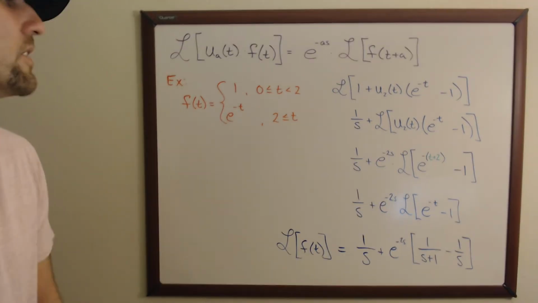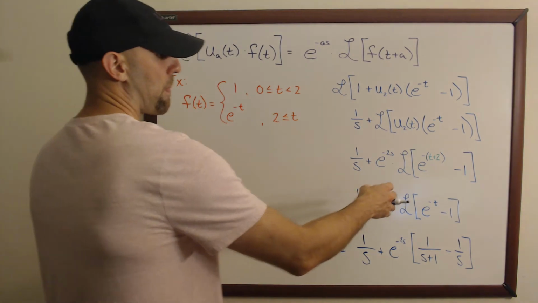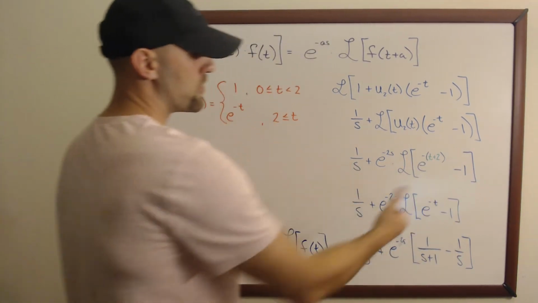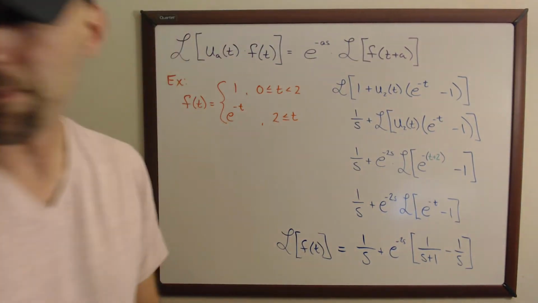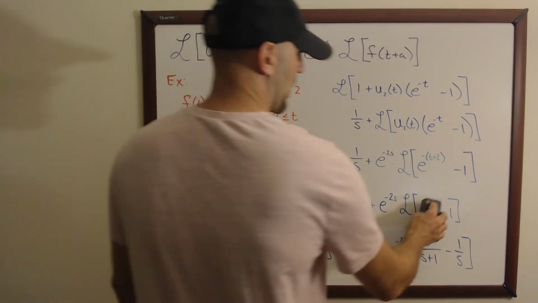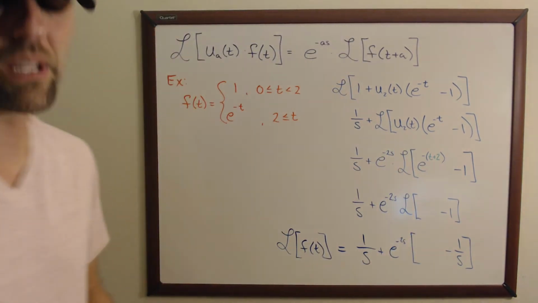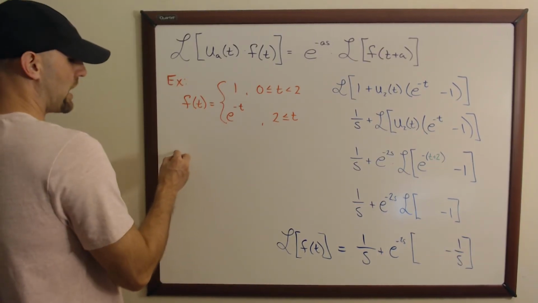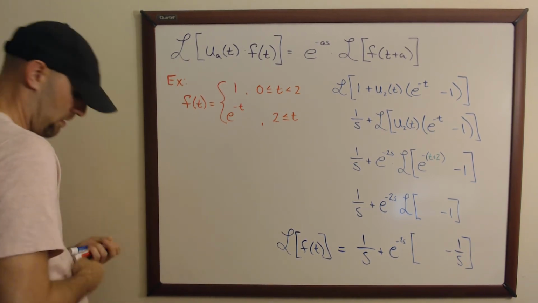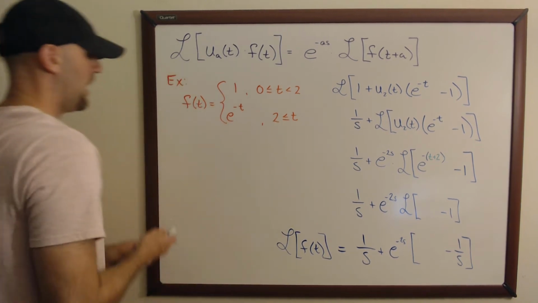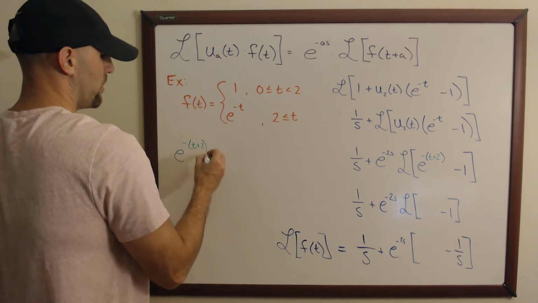And the question is then, at this point in time, how do you take the Laplace transform of e to the negative t plus 2, right? Because everything else is going to be the same. Just this is the only term that will end up being different. Okay, and that's actually not that terrible as well. All I have to do is split that up. So e to the negative t plus 2.